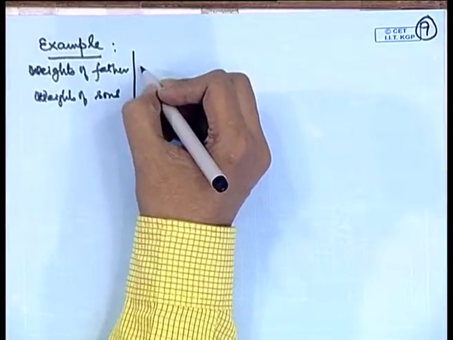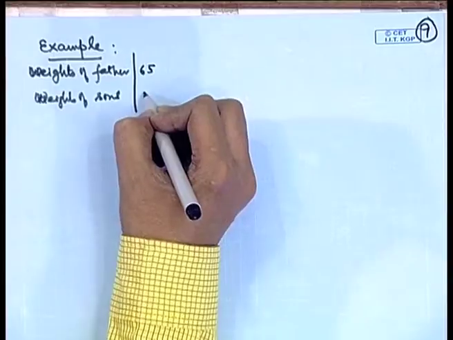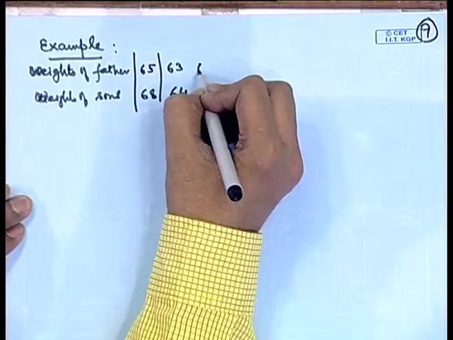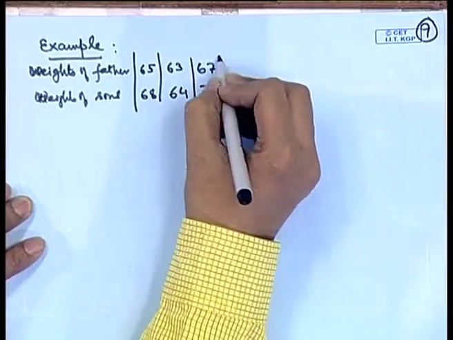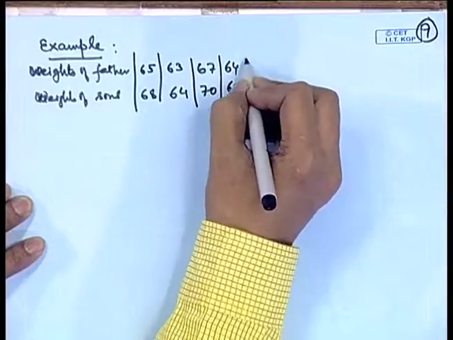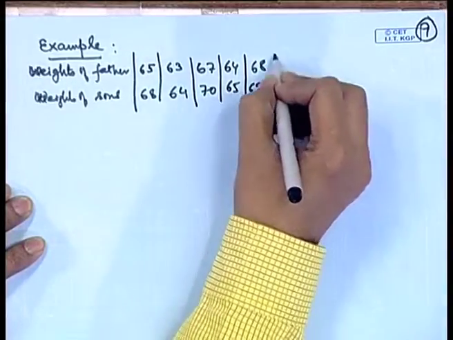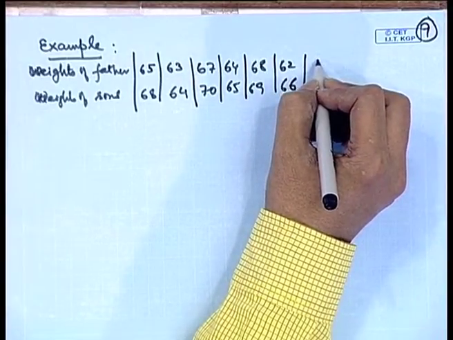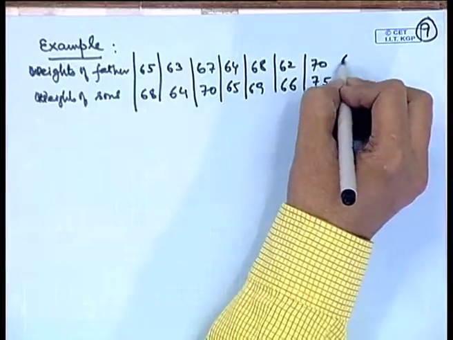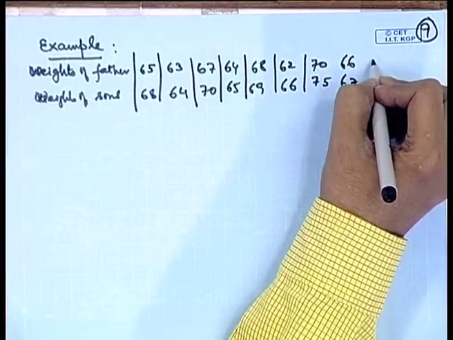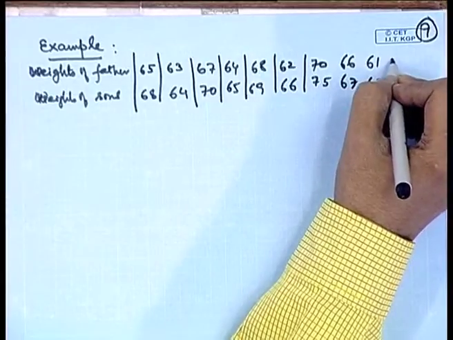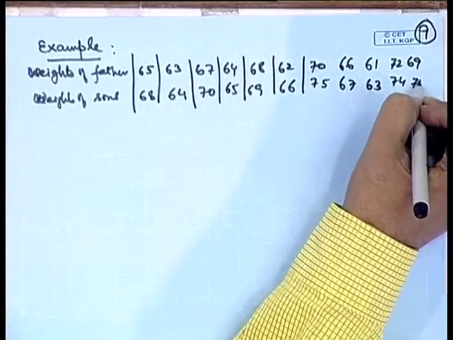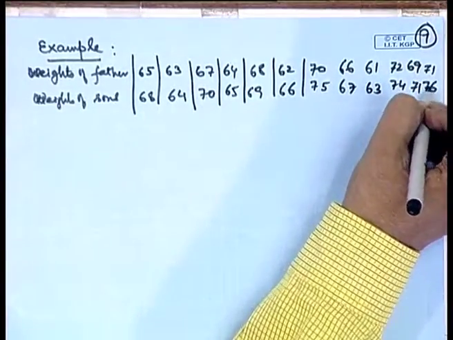So, there are 12 pairs: 65, 68, 63, 64, 67, 70, 64, 65, 68, 69, 62, 66, 70, 75, 66, 67, 61, 63, 72, 74, 69, 71, 71, 76.